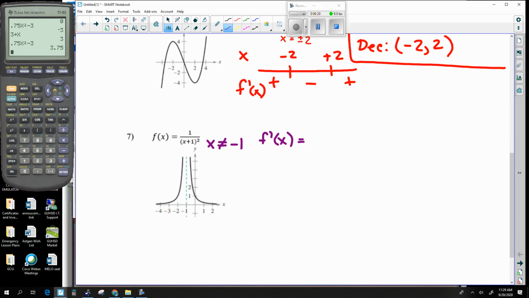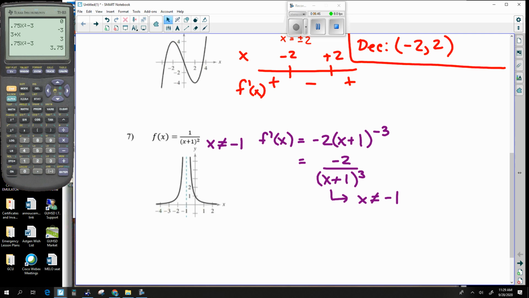That is going to be negative 2 times x plus 1 to the negative 3, so negative 2 over x plus 1 to the third. This won't be equal to 0, but x can't be equal to negative 1. So it's never equal to 0, but I still get a critical number where the derivative is undefined. So negative 1 is a critical point.